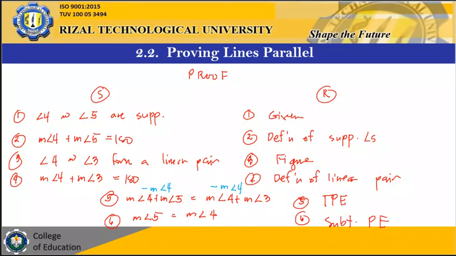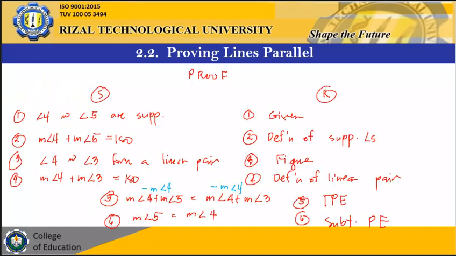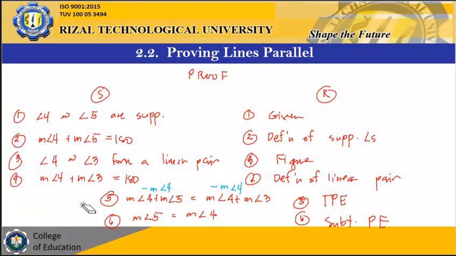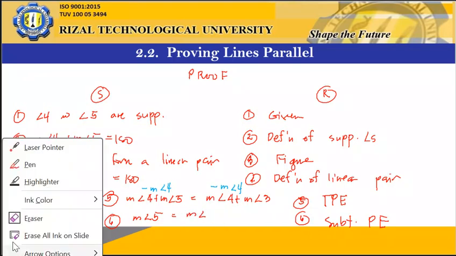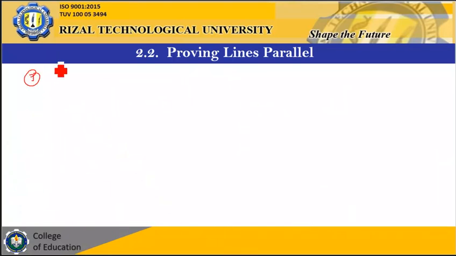we are almost done. So for number 7, since the measure of angle 5 is already equal, sorry, it's not angle 4, it should be angle 3. Okay, so since they are already equal, we can say that angle 5 is congruent to angle 3.